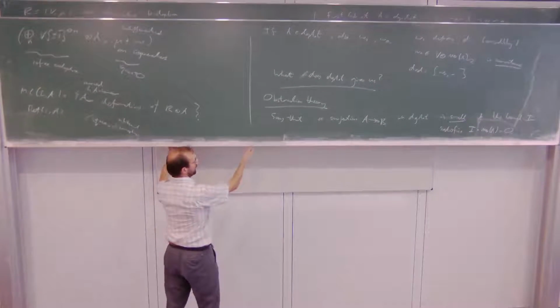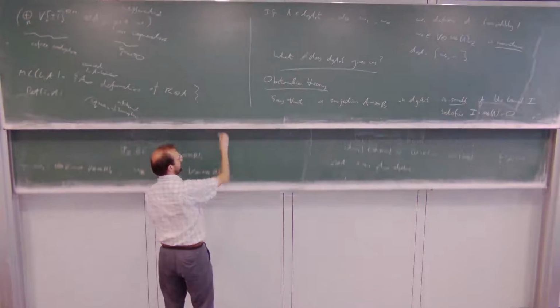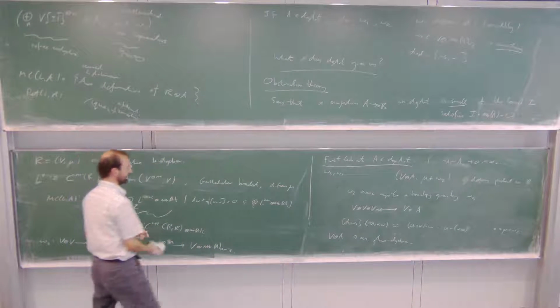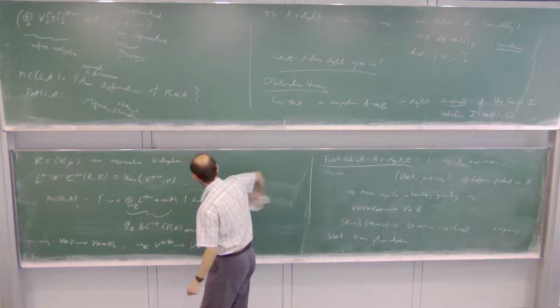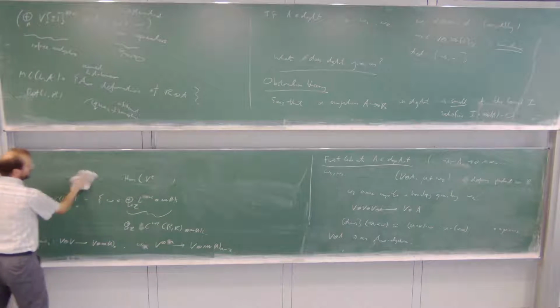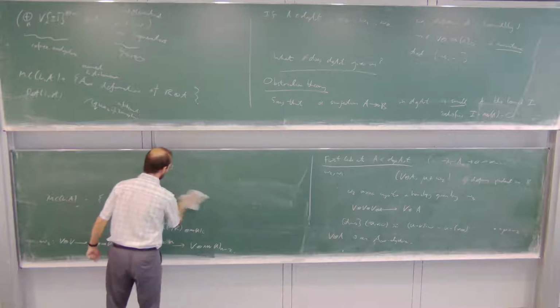And so, a simple example you've already seen is where you look at successive truncations of the polynomial ring.